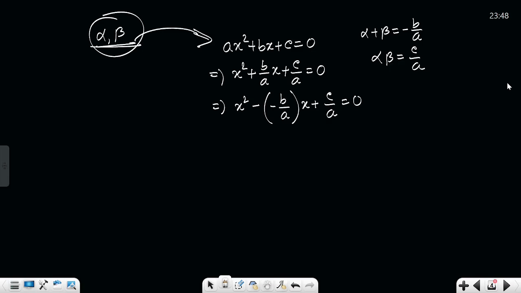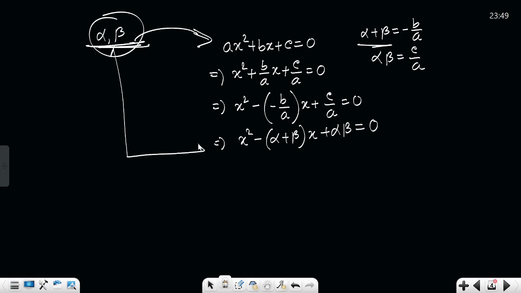So now we will put the values here. So it will be x squared minus, put alpha plus beta here, alpha plus beta into x plus, put here alpha beta, plus alpha beta is equal to 0. So if two roots are given, alpha and beta, we can conclude that the equation will be this. Okay, the equation will be this.